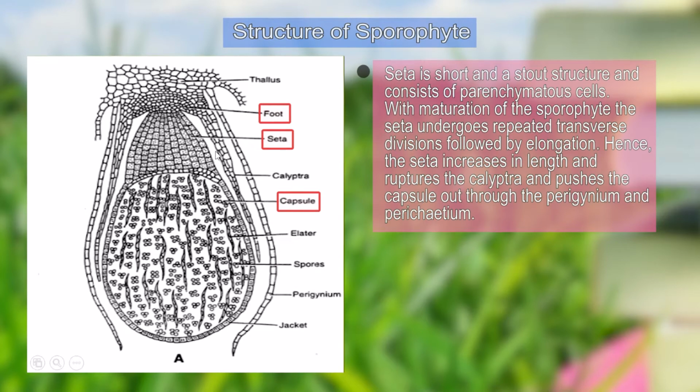Hence, the seta increases in length, and it ruptures the calyptra and the pericytium surrounding the developing zygote. Hence the seta pushes the capsule out through the perigynium and pericytium.